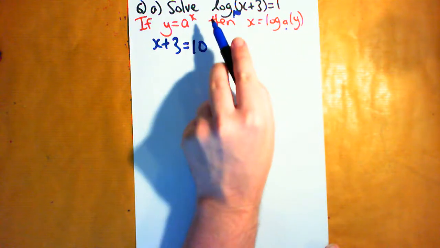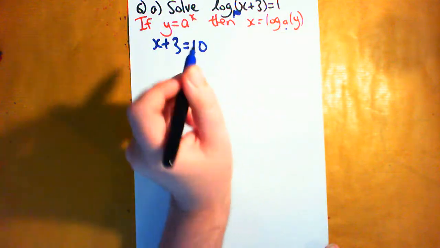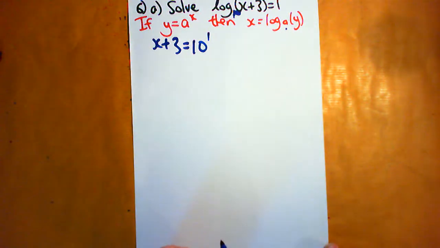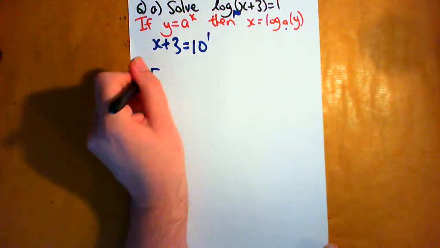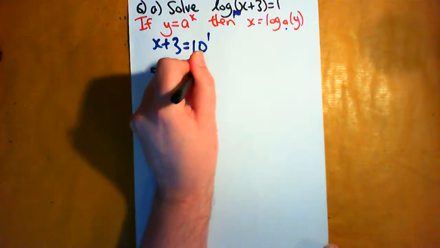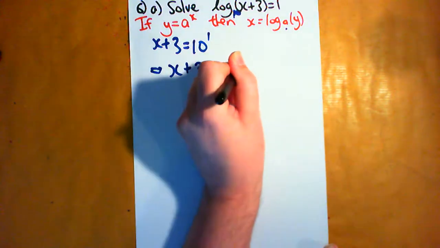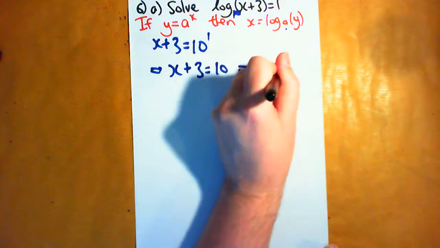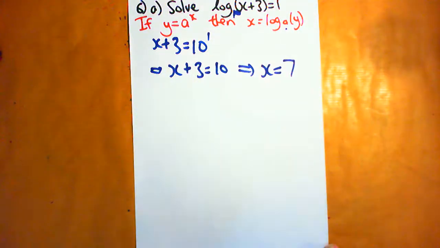So that is going to be converting into this form the power. So therefore the equation becomes x plus 3 equals 10 to the power of 1. So therefore 10 to the power of 1 gives us 10. And if we subtract 3 from both sides, our answer is x equals 7.